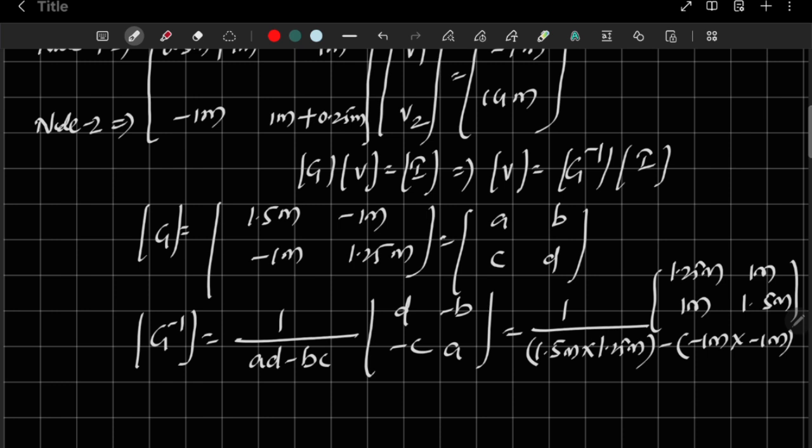Then that is G inverse. After getting G inverse, to get V, what we need to do? This entire G inverse is multiplied with the column vector I. That means 1 by 1.5 into 1.25 into 10 power minus 6, minus 1 milli, where 1 milli means 10 power minus 6 only.